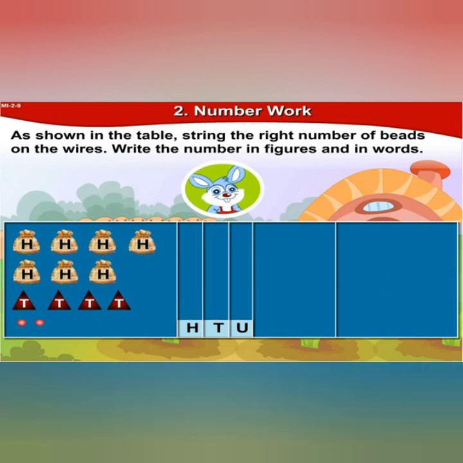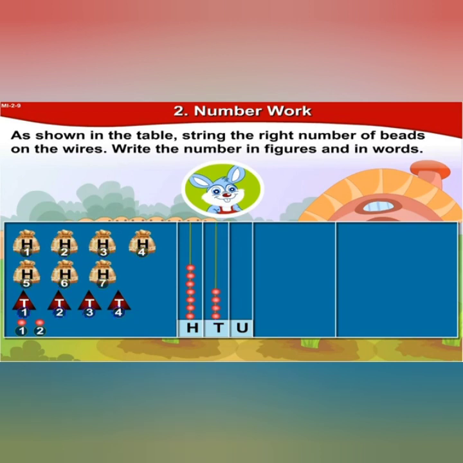Now let us see the next picture. Let us count the hundreds first. 1, 2, 3, 4, 5, 6, 7. 7 hundreds. Tens. 1, 2, 3, 4. 4 tens and 2 extra beads, that is 2 ones. So, at the hundreds wire, we will make 7 beads.